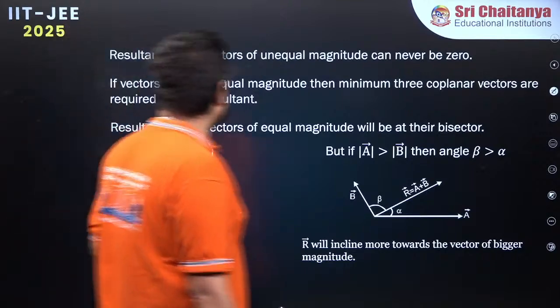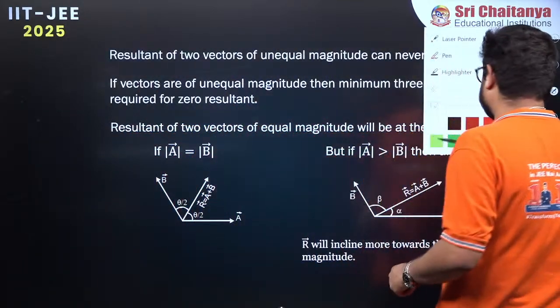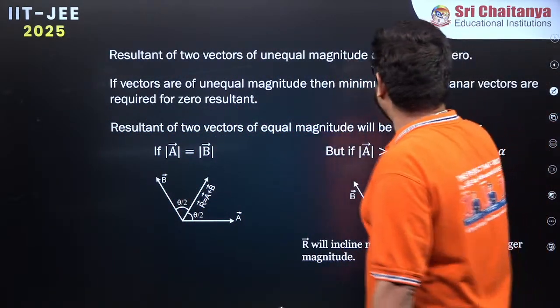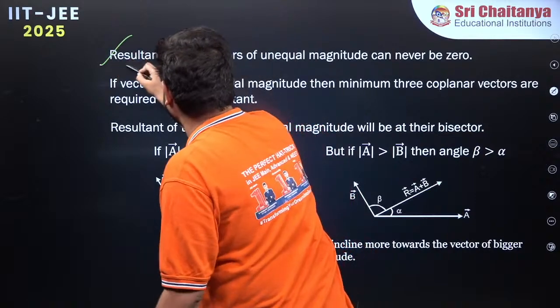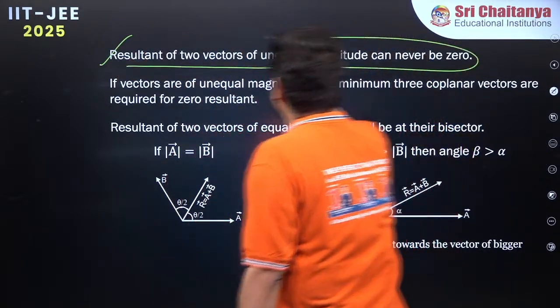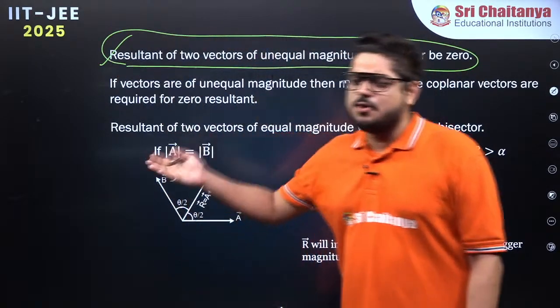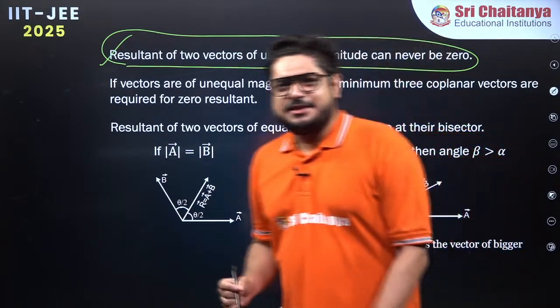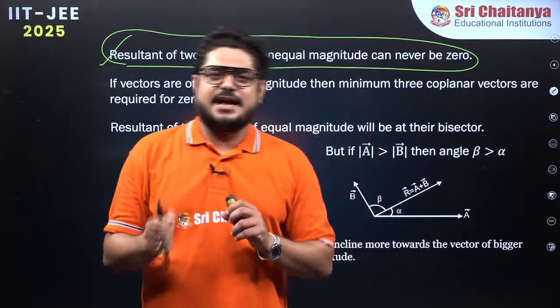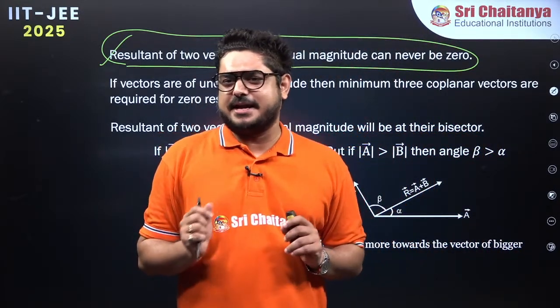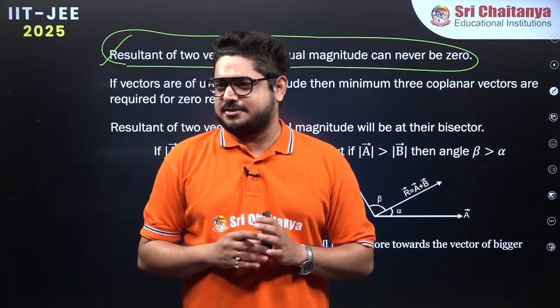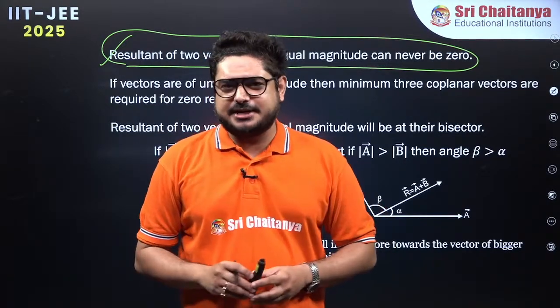Over here you are able to see one more important aspect: the resultant of two vectors of unequal magnitude can never be zero. You can write down that these statements are very, very important. Now you must be thinking, sir, why are you giving these statements? There is something known as assertion and reasoning. Have you all heard of the assertion and reasoning statements which are asked in the JEE Main examination?